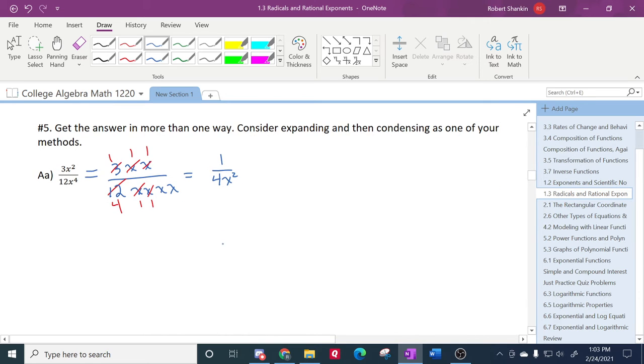All right, let me show another way. I could reduce these right off the bat. But then the x squared over 4x to the 4th. Let me show you another way that could be done. This could be x to the, I'm going to leave the 4 down here. One of the rules that we learned last time, an exponent rule.